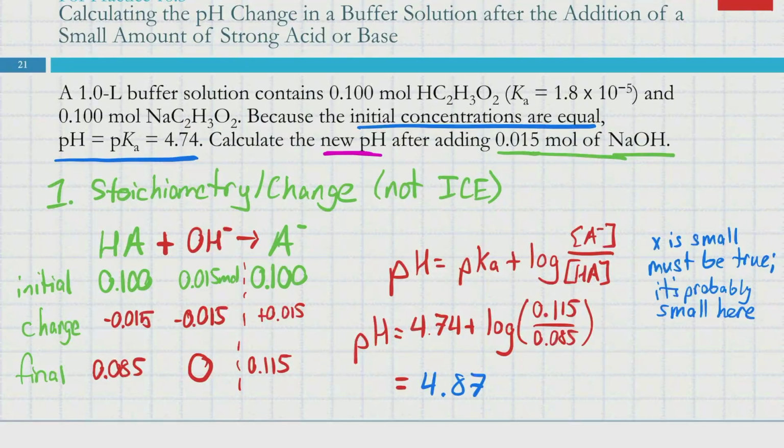Questions about doing that thing? If we assumed our x was small and turns out it wasn't, would our answer be real? I think you probably wouldn't be able to tell if x was not small based on your Henderson-Hasselbalch equation output.